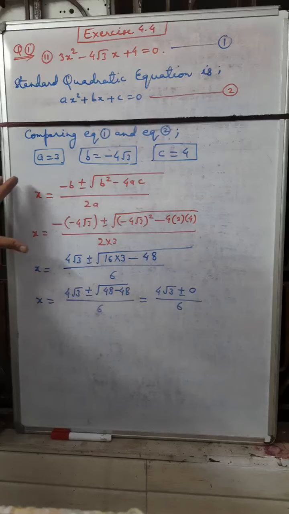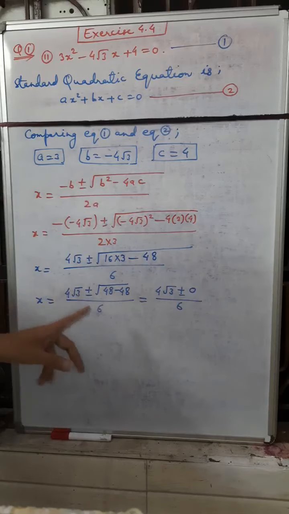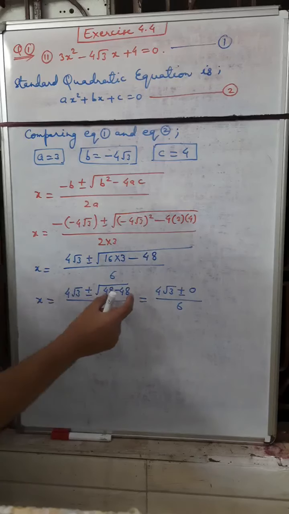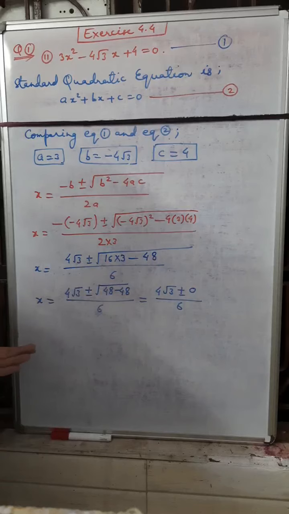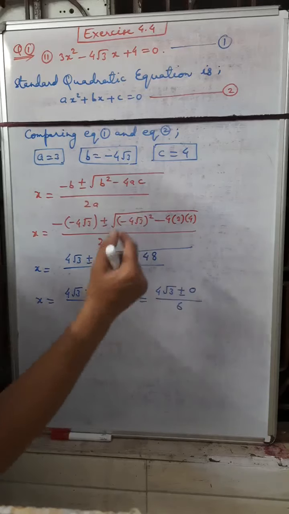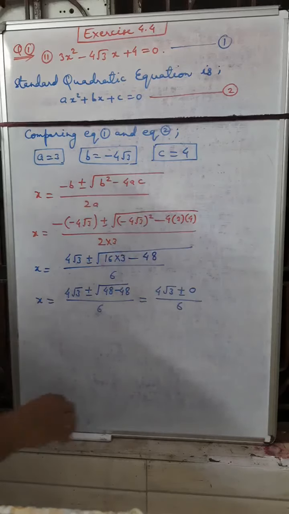Before this slide we studied that if b² − 4ac is equal to 0, then both the roots are real and equal. So the roots are definitely real and equal. Suppose we take the plus sign.